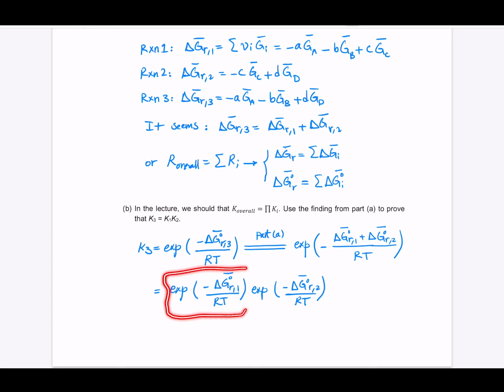What is this guy? Exactly, and this is basically K2. So we proved that K3 is equal to K1 times K2, but from a different approach.